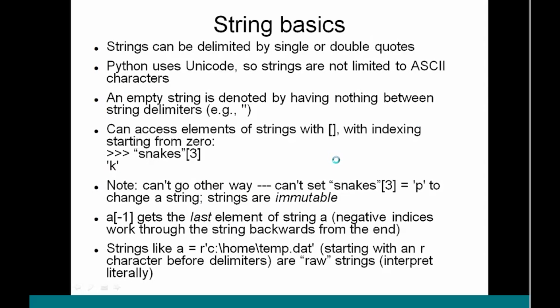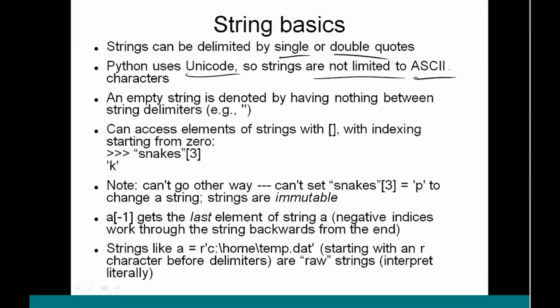So strings are delimited by single or double quotes. Both of these we saw in Tickle. One thing is that Python uses Unicode, so strings are not limited to just ASCII characters.